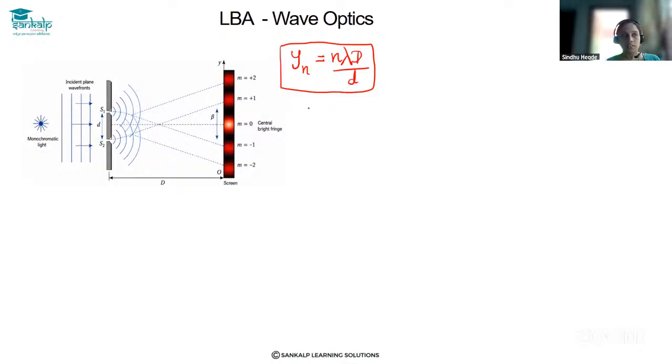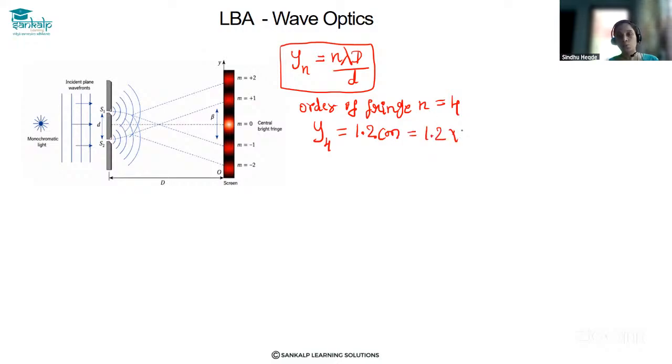Here the order of fringe is given, that is nothing but n equal to 0 to n equal to 4. We require y4, so y4 is already given, that is 1.2 centimeter. Convert it into meters, that is 1.2 into 10 raised to minus 2 meter.